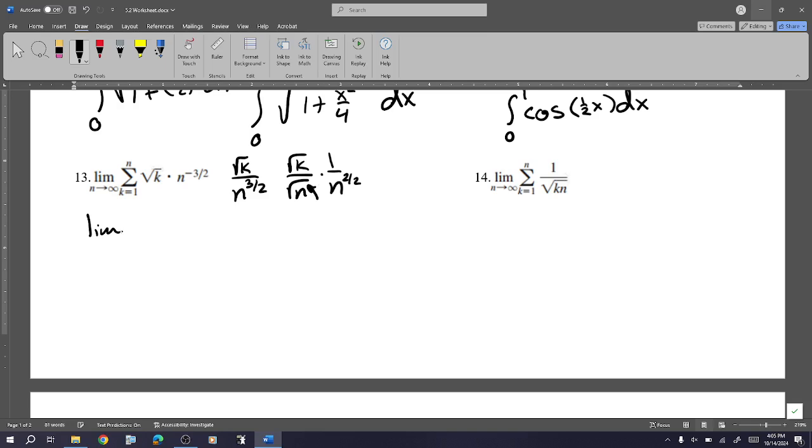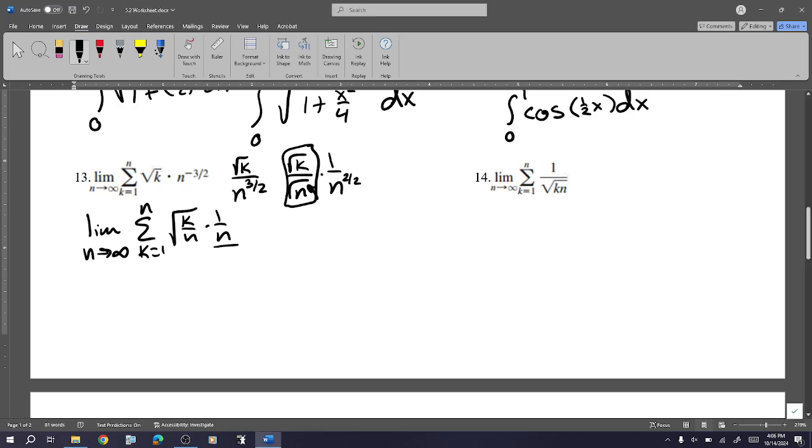We can write this as the limit as n approaches infinity, k equals 1 to n, of square root of k over n, because they're both under a radical, so you can write the whole thing as just one radical, times 1 over n.